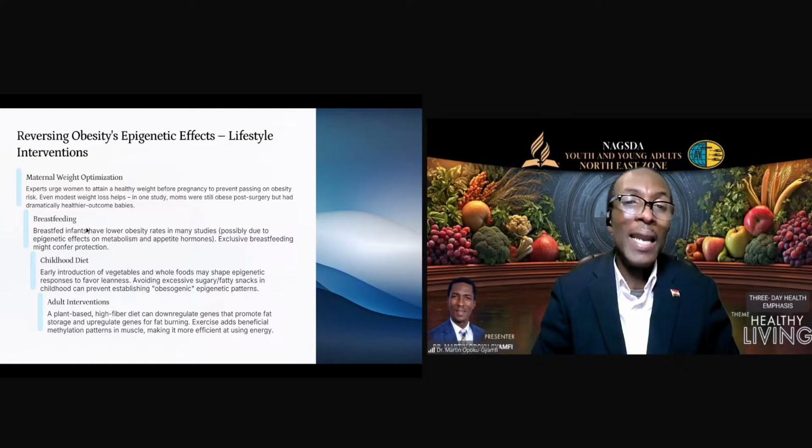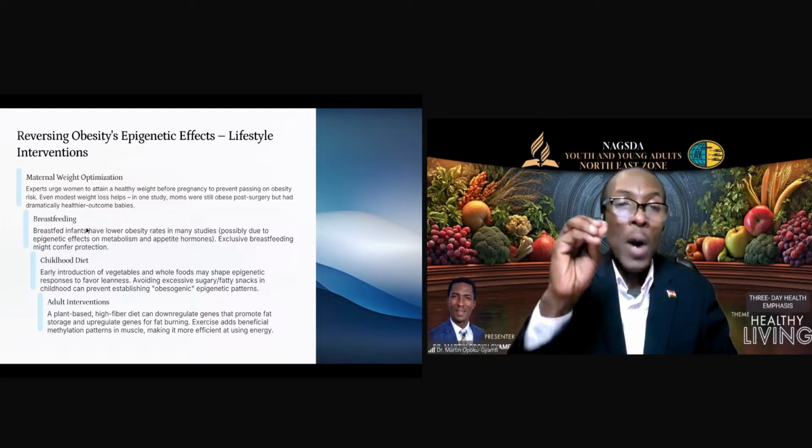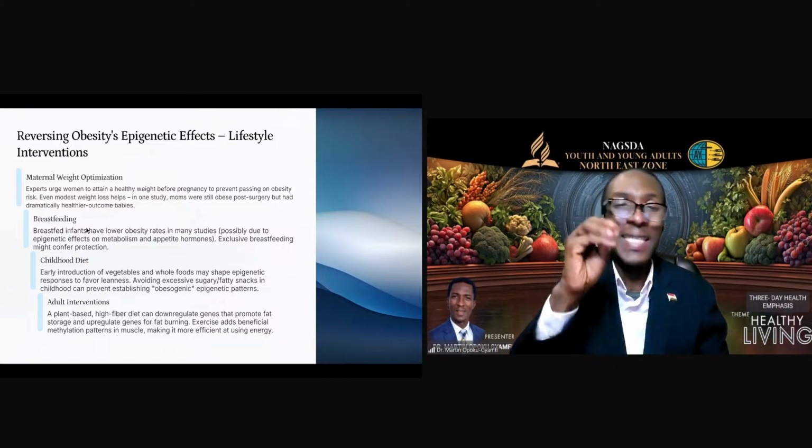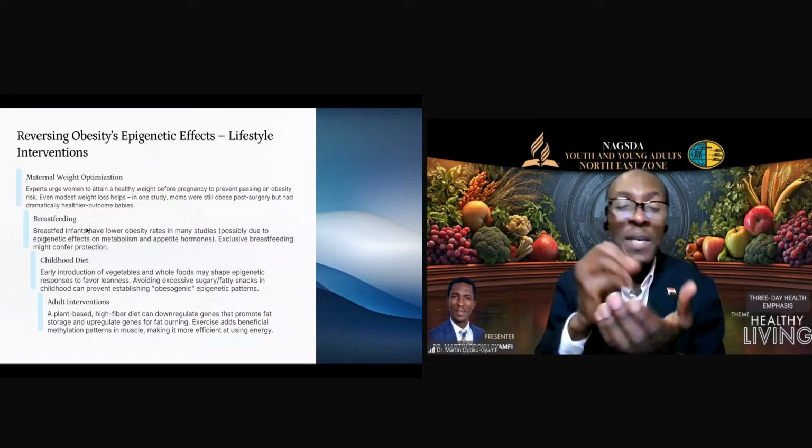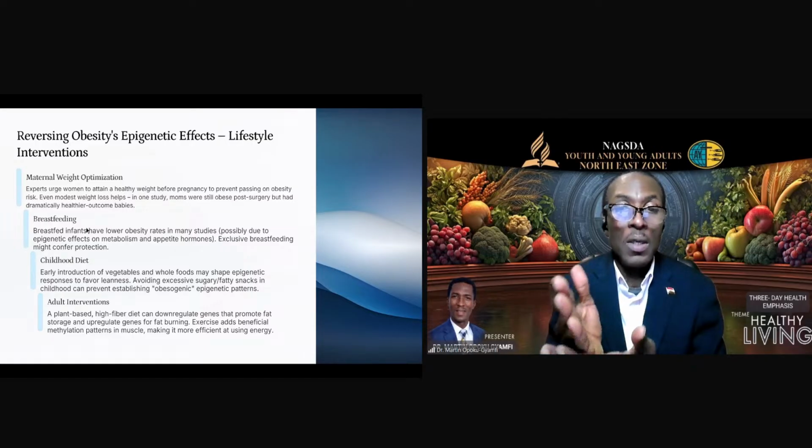Childhood diet. Let's give our children good vegetables and fruits, because that is what is going to create the epigenetic tags. If you are a young person listening to me now, it is not too late. Remember, epigenetic tags are reversible.